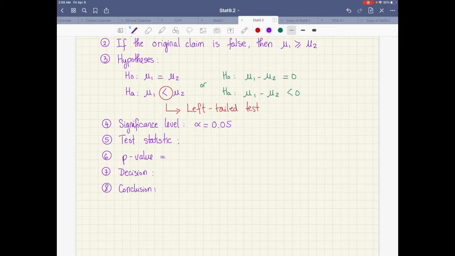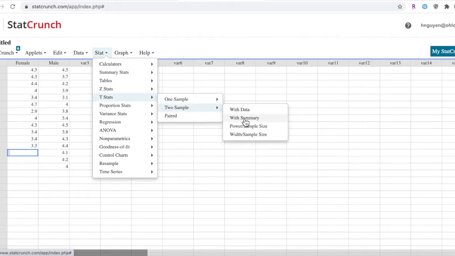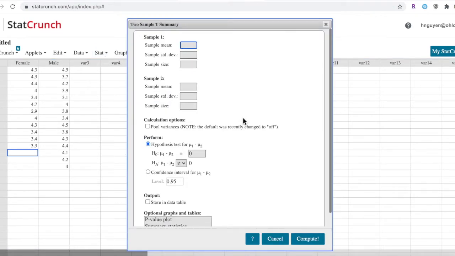I will use StatCrunch to find my test statistic and my p-value. Stat, T stats, two sample with summary. In this example, I'm given the summary instead of the raw data. This is where I put the information from sample 1, and this is where I put the information from sample 2. Sample mean, which is x bar 1, 0.78257.